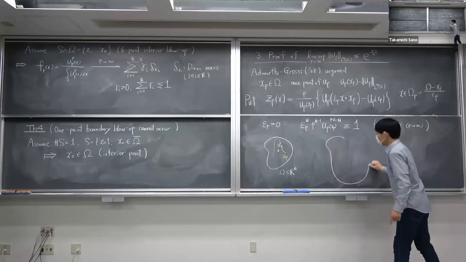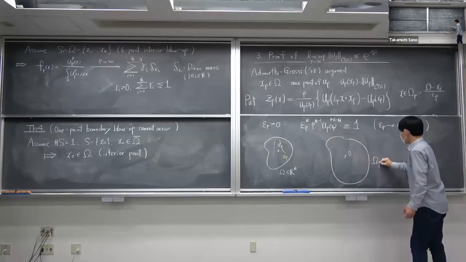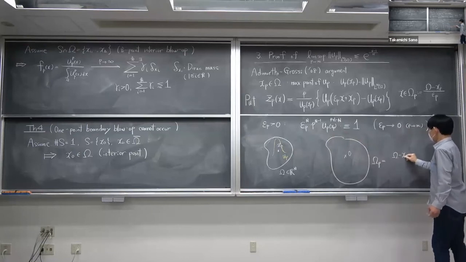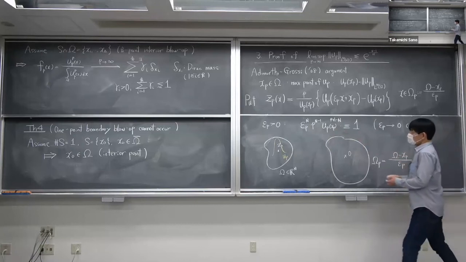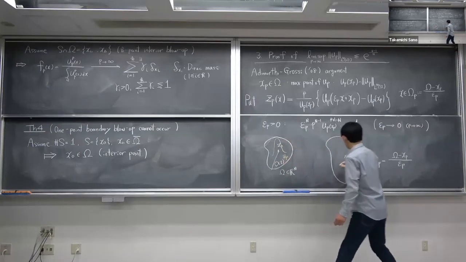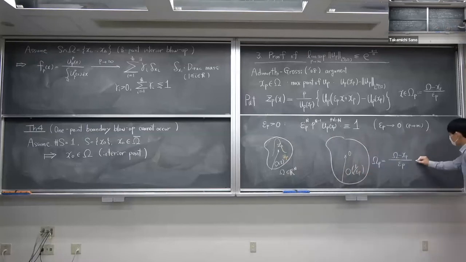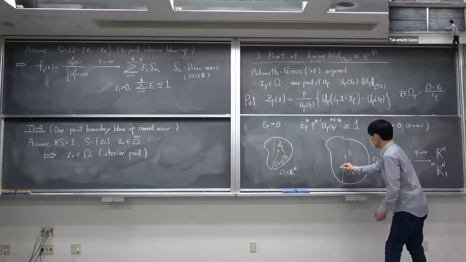And this is omega_p, divided by epsilon_p. So if omega is of large order 1, then omega_p is of large order 1 over epsilon_p. And we can check that as p goes to infinity, the limit set of omega_p is R^n, the whole space, or the half space R^n plus. We can check this one. And now z_p is like this.